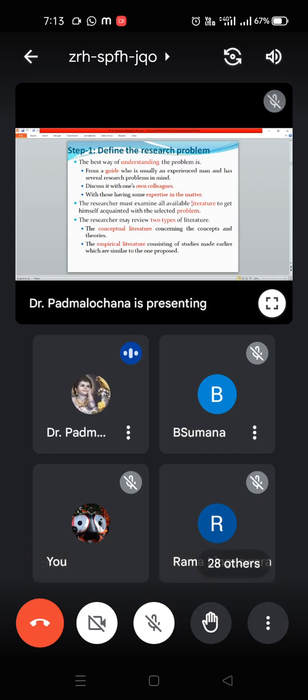This is the topic. And previous researchers have conducted research on the same area. That is what is known as an empirical study. So you study two types of literature. One is conceptual literature. Second one is known as empirical literature. These two, along with guide, colleague, and expert people, will guide you. They will guide you which kind of research problem, research topic you have to conduct.